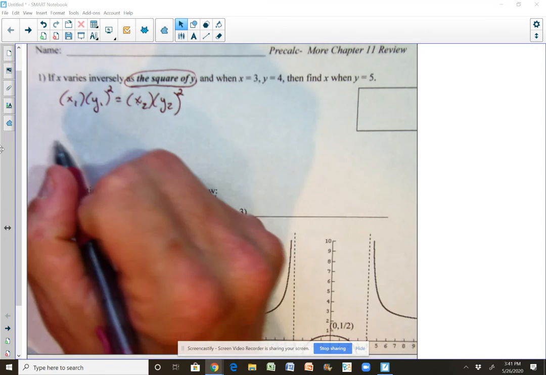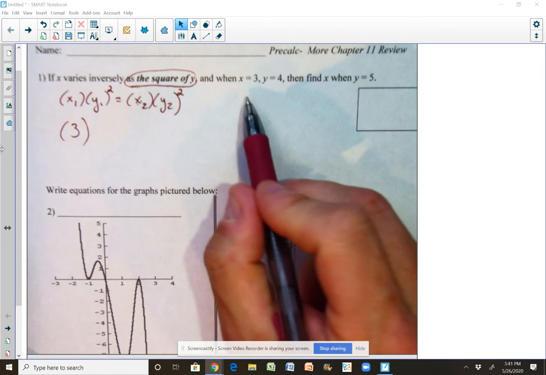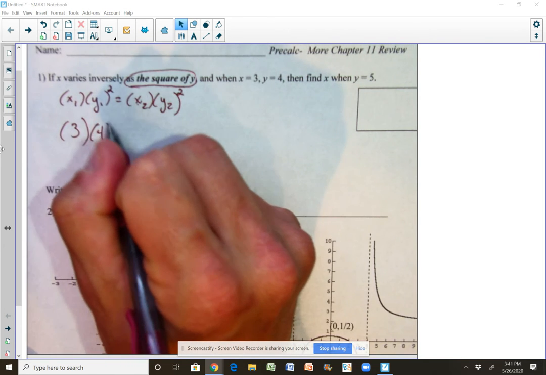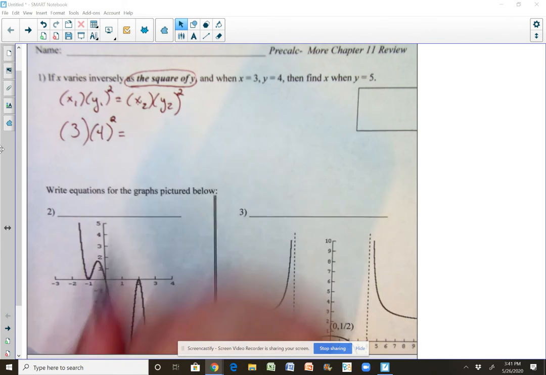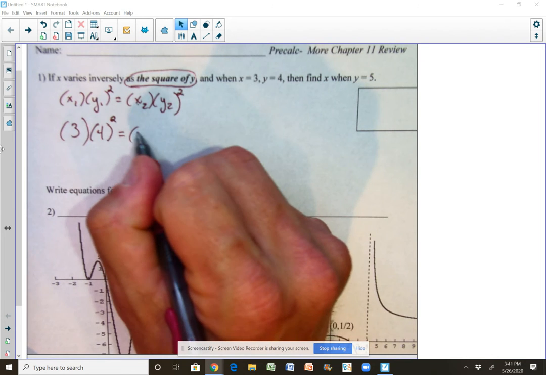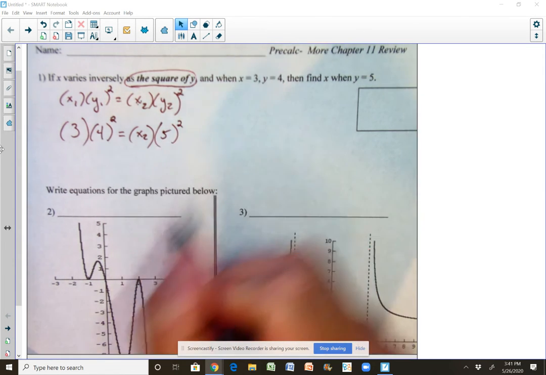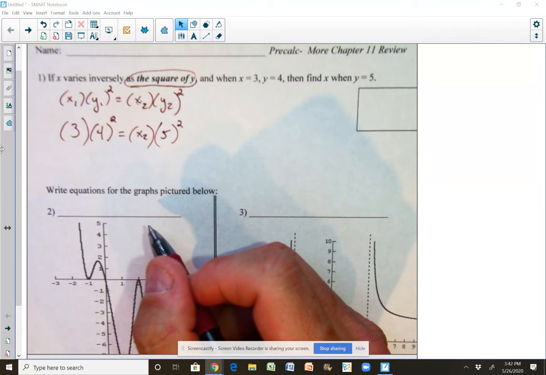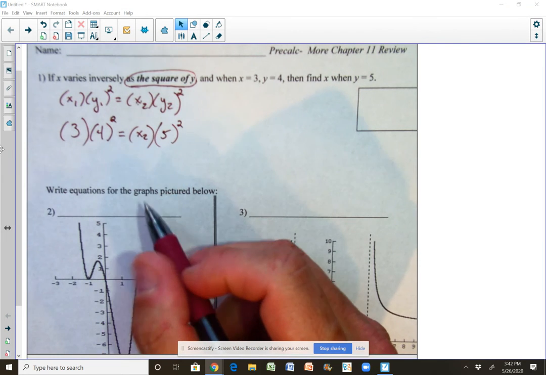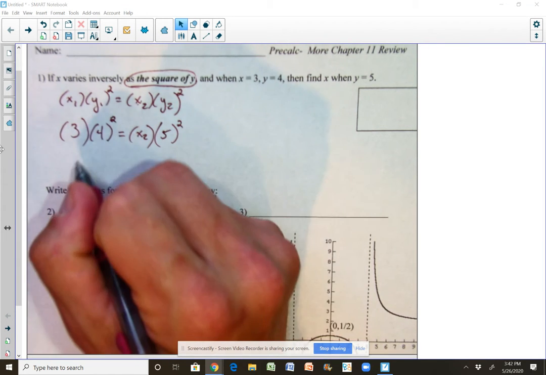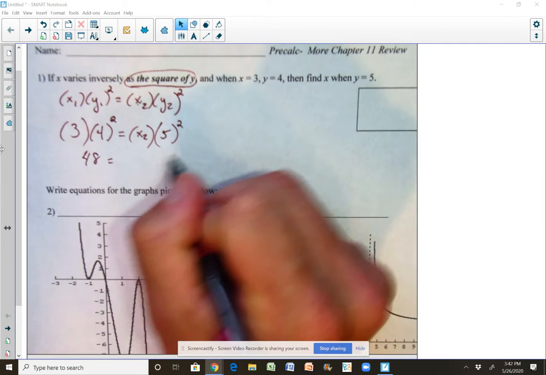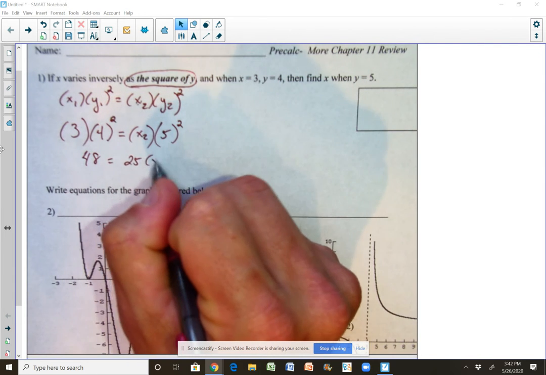So in this case, we get when x is 3, the y value is 4, but that's going to be 4 squared. And then it says, find the x value. So we're looking for that second x value when the y value is 5, and that's going to be squared. So again, this turns out to be 3 times 16, so that's going to end up being 48, and that's going to equal 25 times your x2 value.